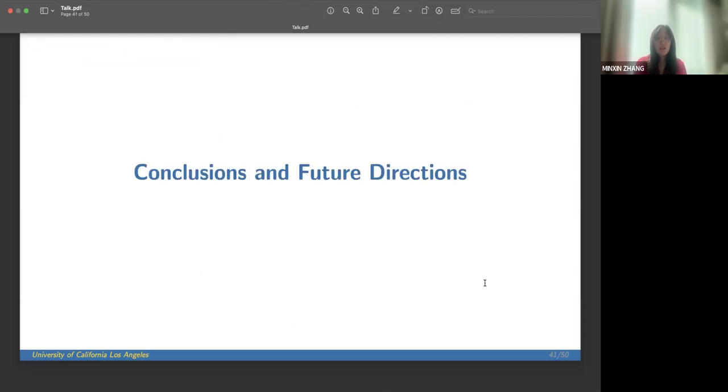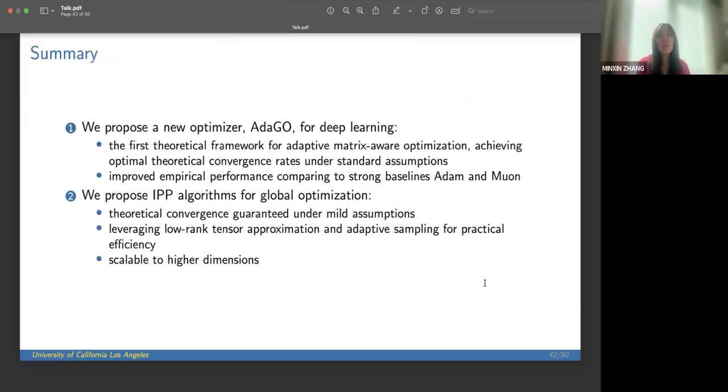Okay, so in summary, in the first part of the talk, we proposed a new optimizer, AdaGO, for deep learning. This established the first theoretical framework for adaptive matrix-aware optimization, achieving optimal theoretical convergence rates under standard assumptions and also showing improved empirical performance compared to strong baselines Adam and Muon.